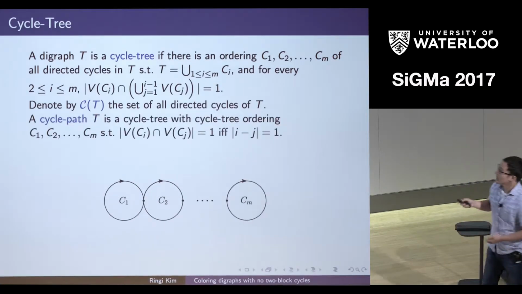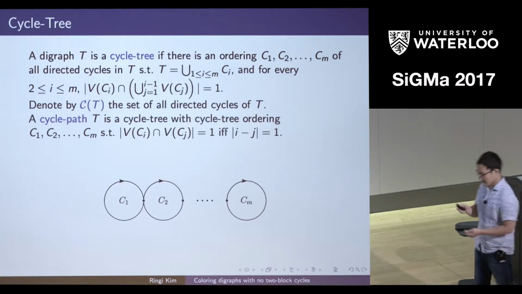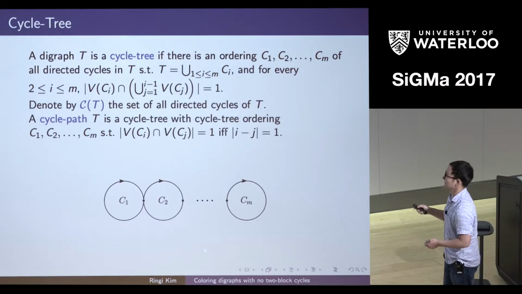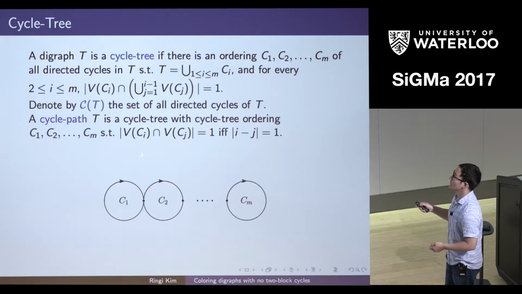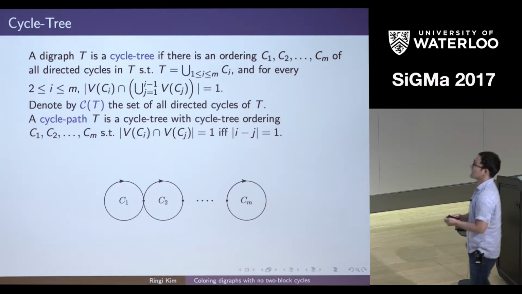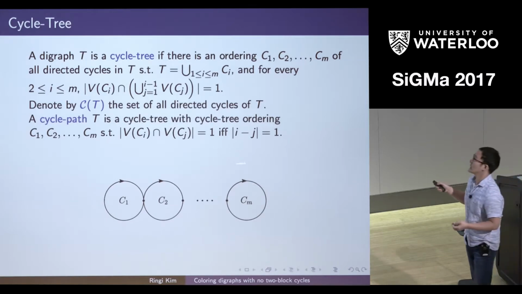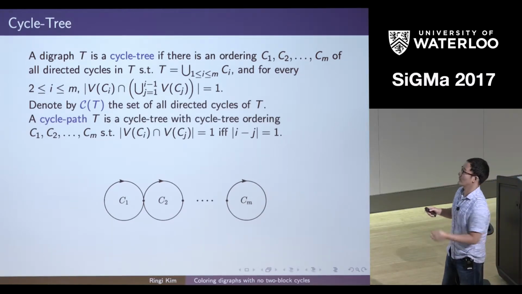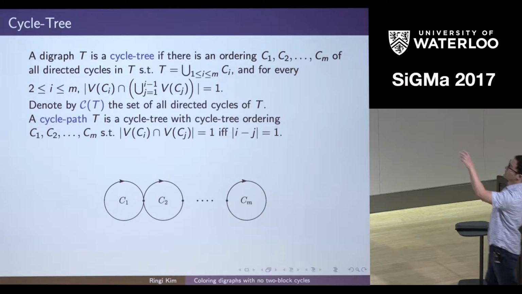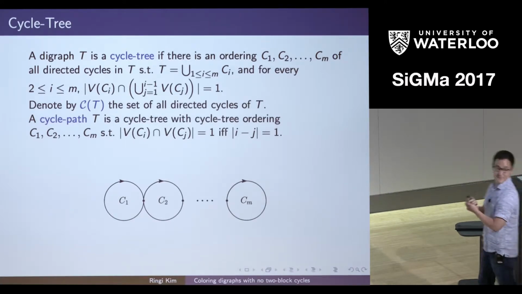And similarly, we can define a cycle path. So a cycle path is a cycle tree having this form. So Ci and Cj meet if and only if i minus j is either 1 or minus 1. So only the consecutive cycles meet.